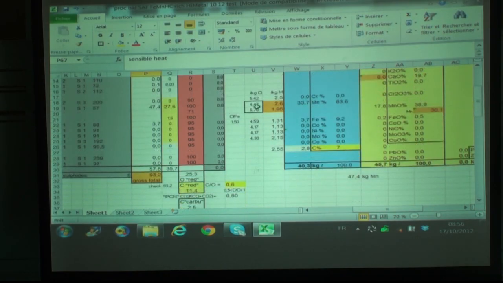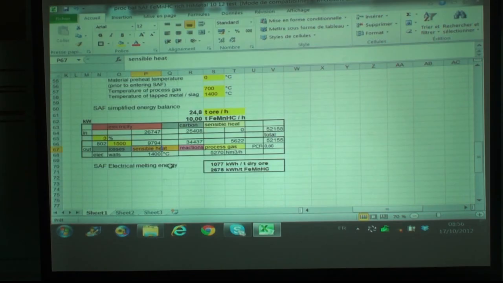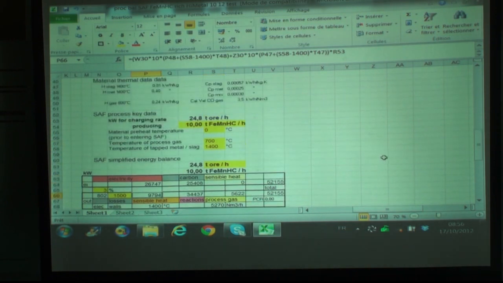Because if I have a false figure here, of course this term, the reaction term, will be strongly different. But of course the sensible heat is important as well. And you're right saying that when changing the type of ferroalloy, it's better to find exactly adapted values.